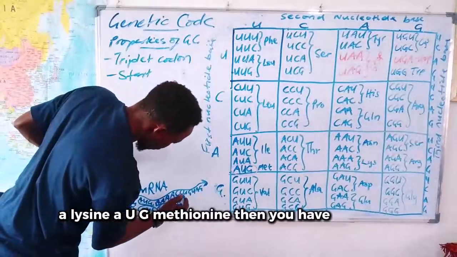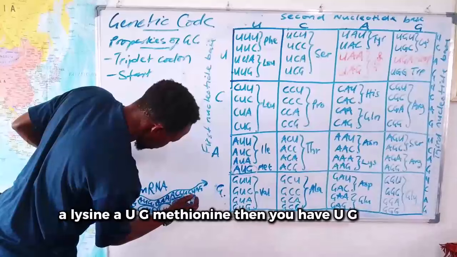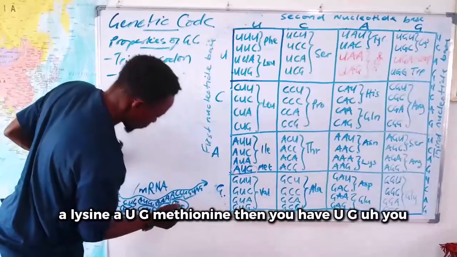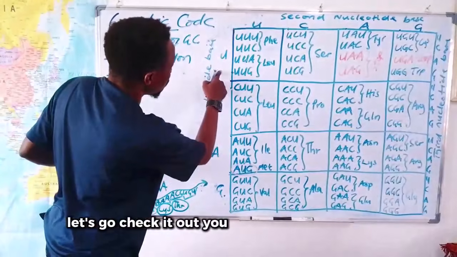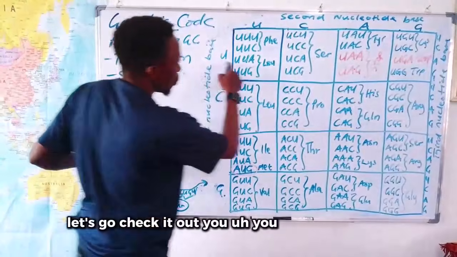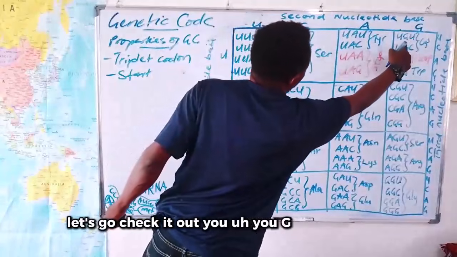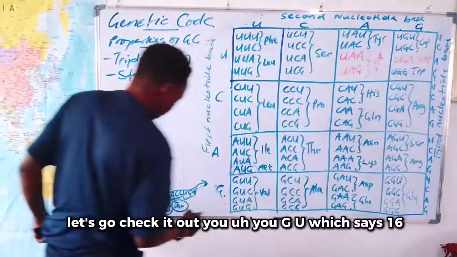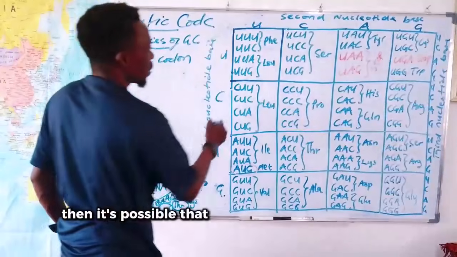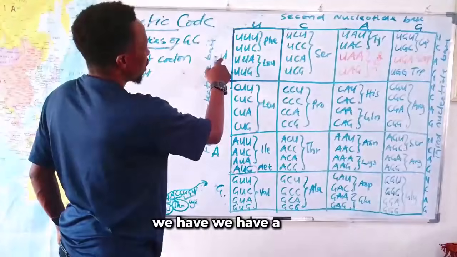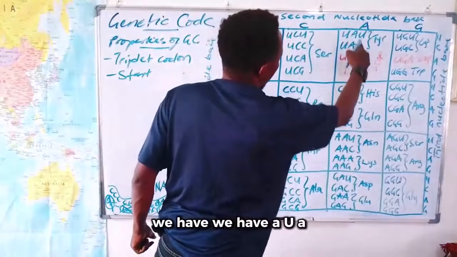Then you have UGU. Let's go check it out. UGU says cysteine. So here it will be cysteine. Then the next one we have is UAA.